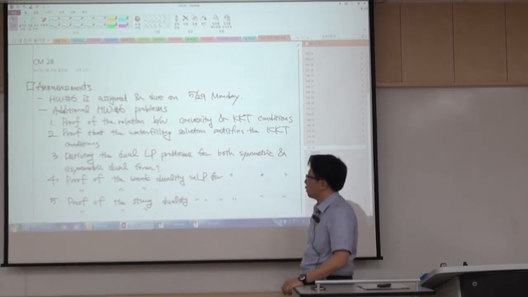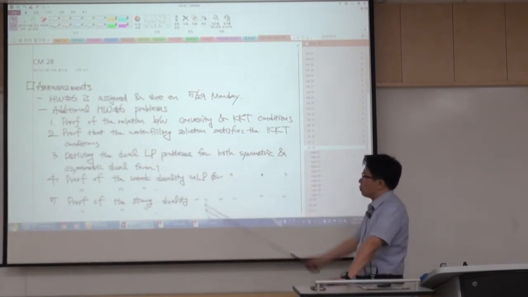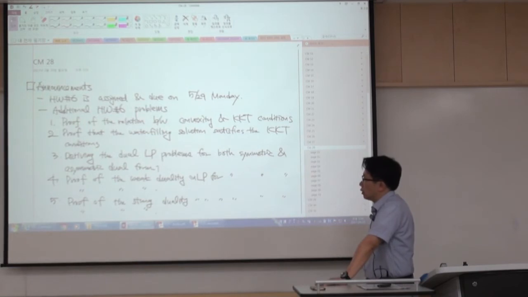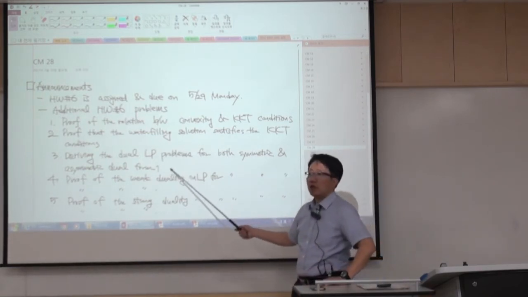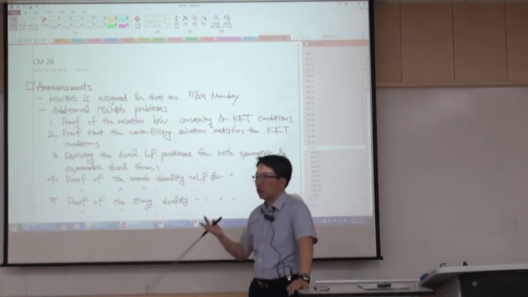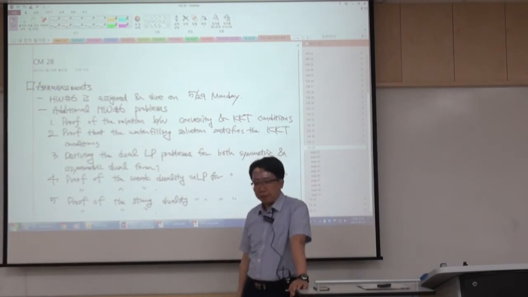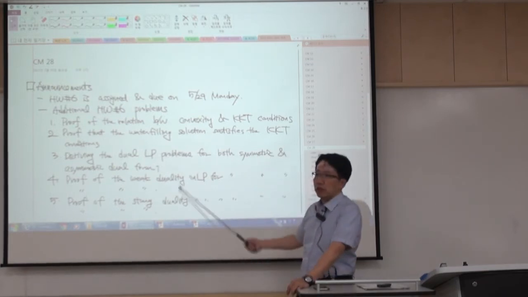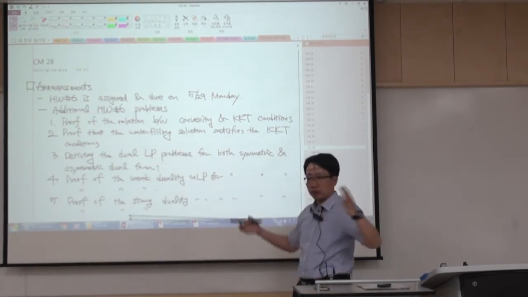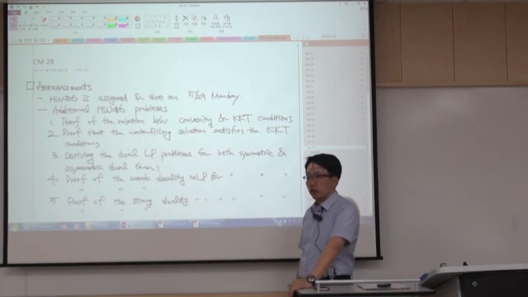The fourth one is that in linear programming, the weak duality always holds. Of course, you may use what we learned from the Stephen Boyd textbook, the more general weak duality, but I'm not going to ask that.